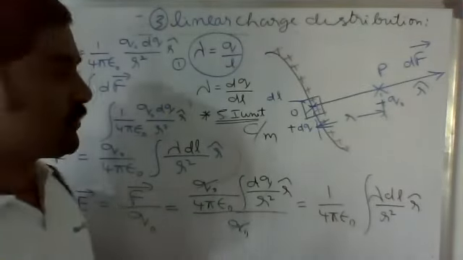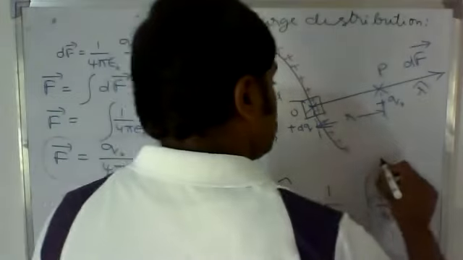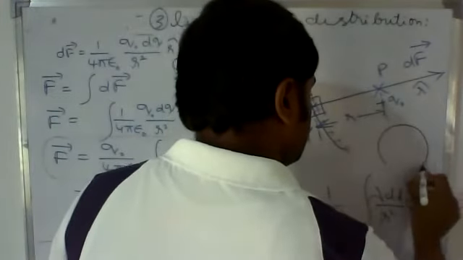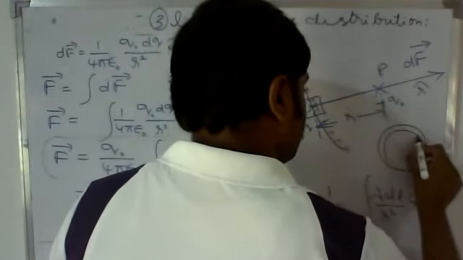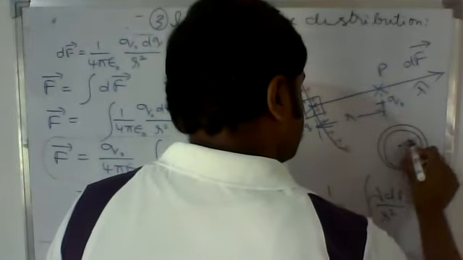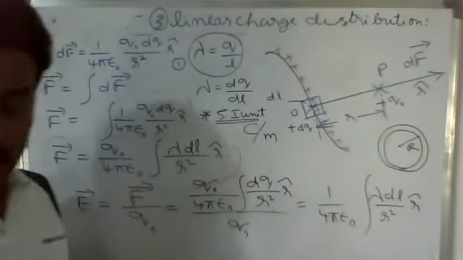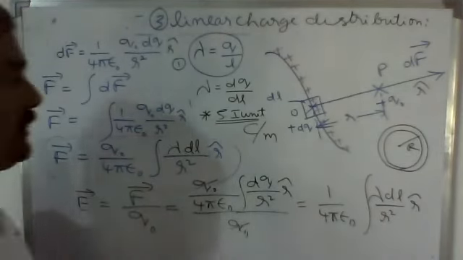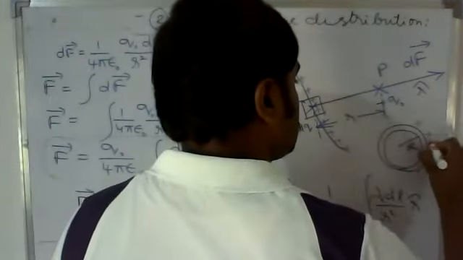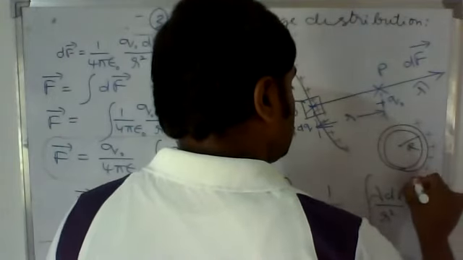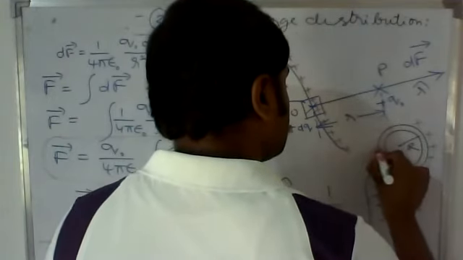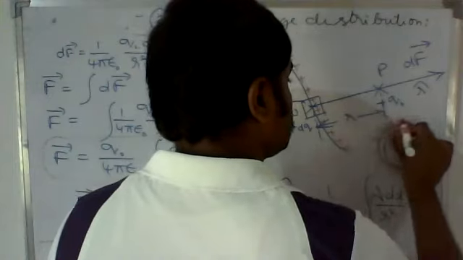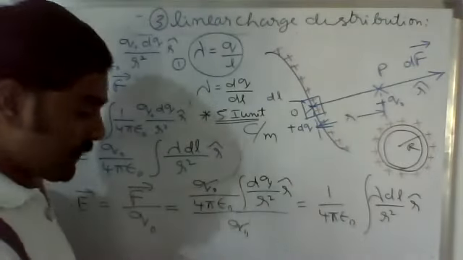Let us consider a small ring with radius capital R. Now the electrons are removed from the ring. What happens? The ring gets positively charged, distributed over the entire length of the ring.